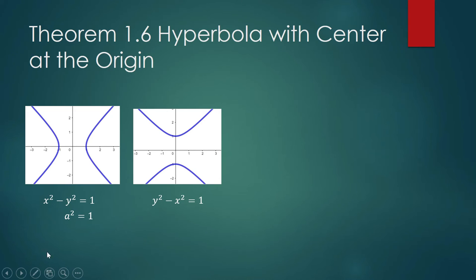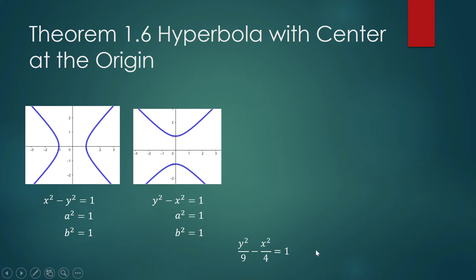Okay? b squared is the denominator that comes after the minus sign. So here you have an a squared that is 1, and your b squared here is also equal to 1. The same with this one: y squared over a squared, which is equal to 1, and then x squared over b squared, which is also equal to 1.